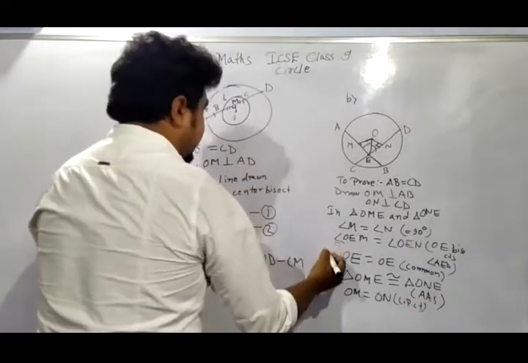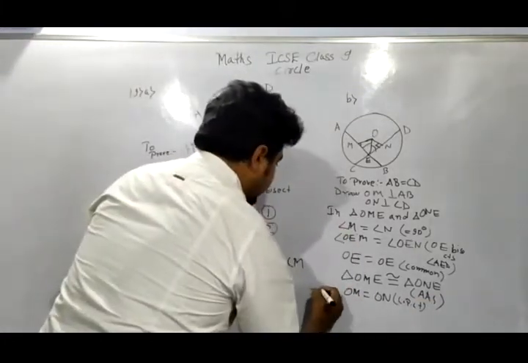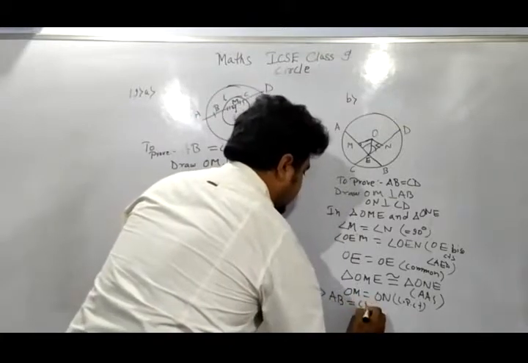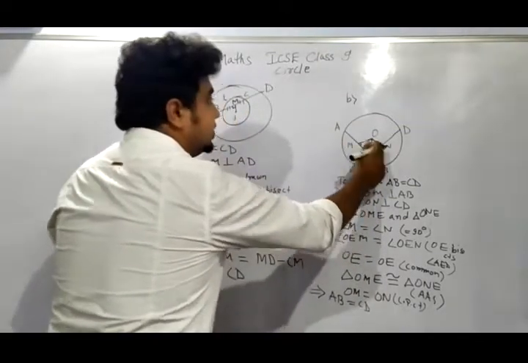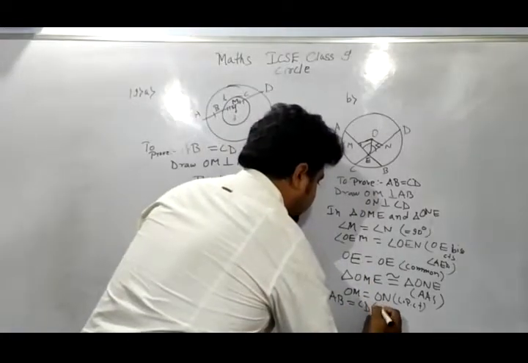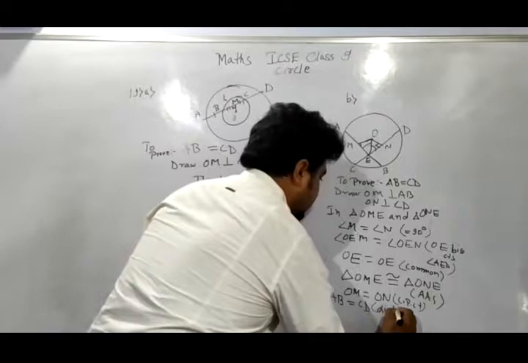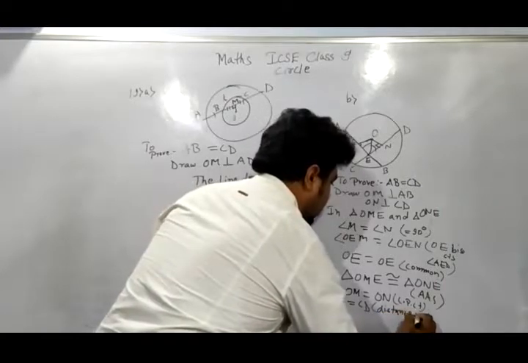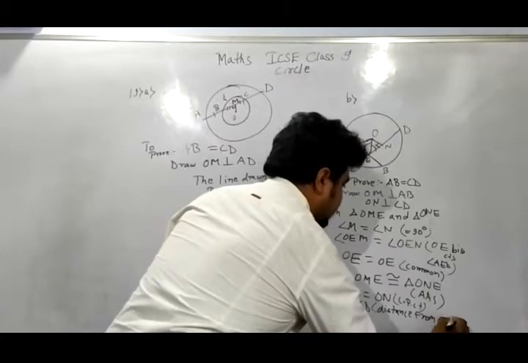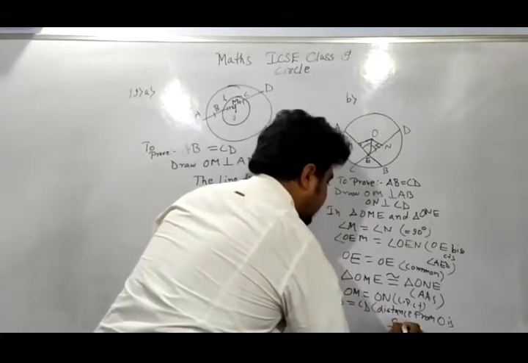Then I can write that AB will be equal to CD, because the distance from the center is the same, meaning the chords will be of equal length. Distance from O is the same. That's why I am writing like this.